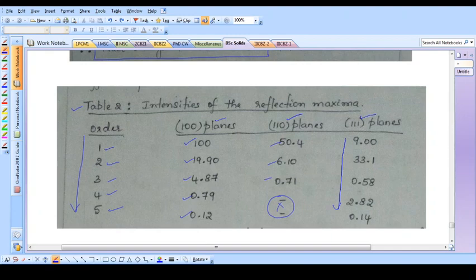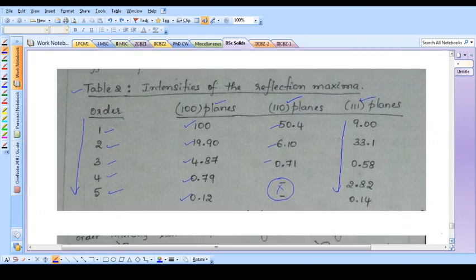To analyze this data, we should know that the intensity of the diffraction spot depends on 2 factors. One is the intensity is directly proportional to the mass of the structural unit. I am using a very simple word.